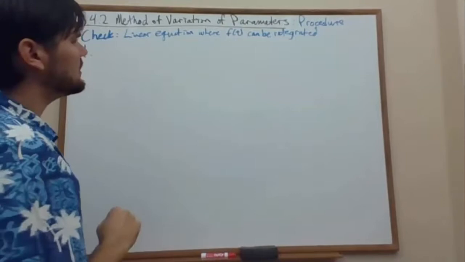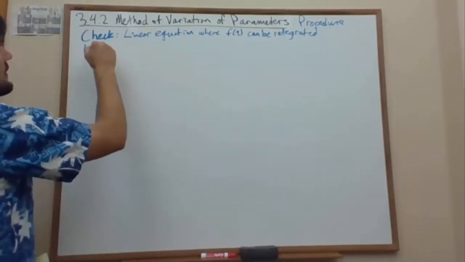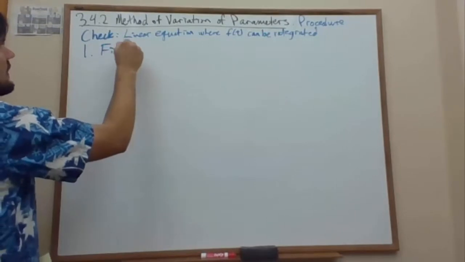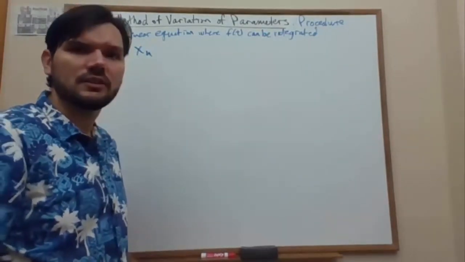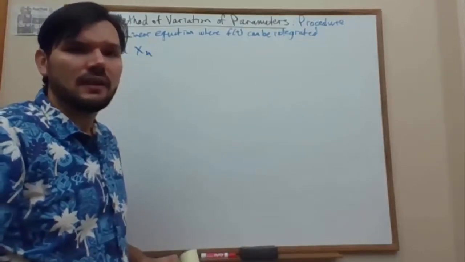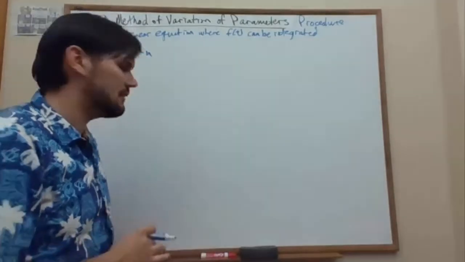First step, just like the method of undetermined coefficients, is to find x of h. But in this case, we are able to find the homogeneous solution even in some cases where the coefficients are not constant. So we'll see an example of that later.